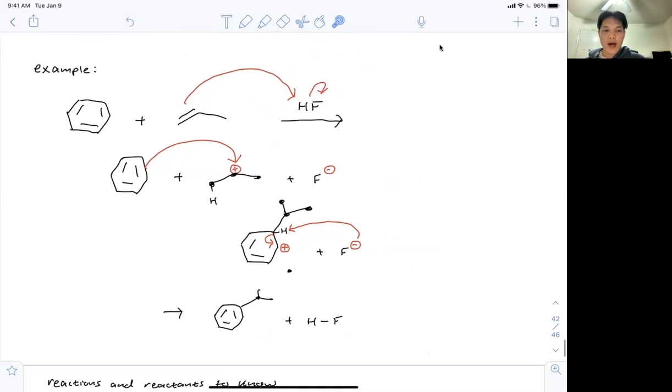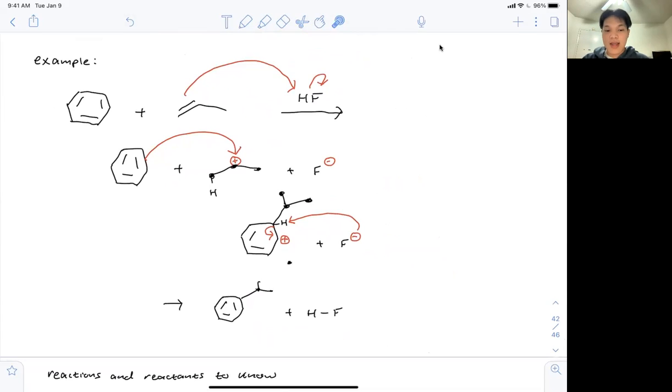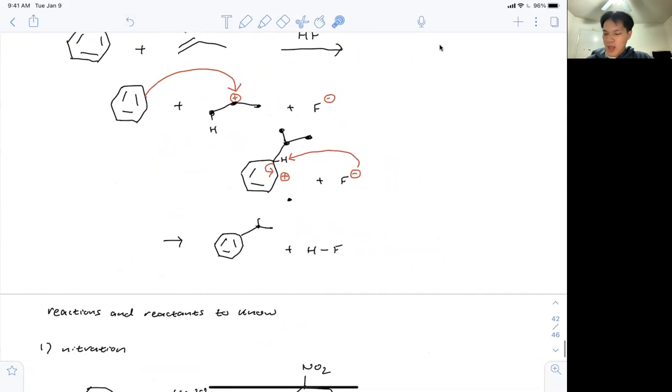So I'm going to show you now a list of reactions and reactants that you need to know. Some of these you don't need to know the mechanism. So this is a mechanism, right? We're showing how electrons are flowing from one atom, one molecule to the next. But in some of these reactions and reactants to know, there's a lot of organic chemistry that we don't know how to do yet.